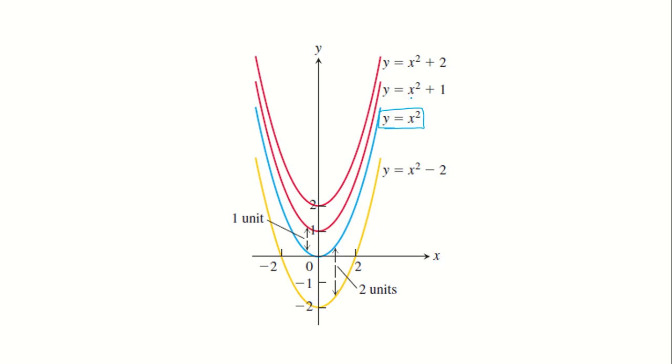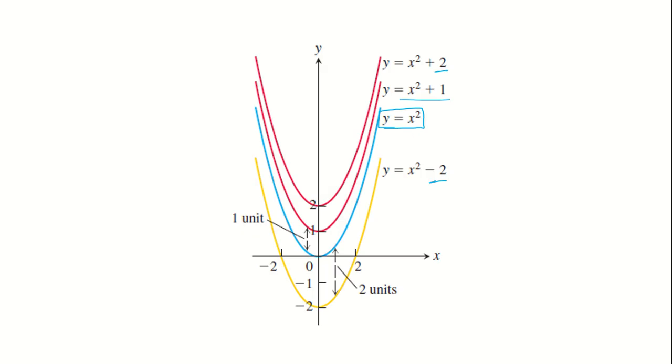If we put x squared plus 1, then this one is shifted vertically upward by 1 unit. And if we add plus 2, then it will be shifted up by 2 units. If we put negative 2 here, then it will be shifted down by 2 units, vertically.